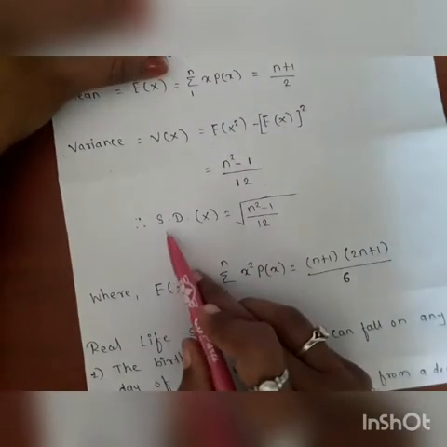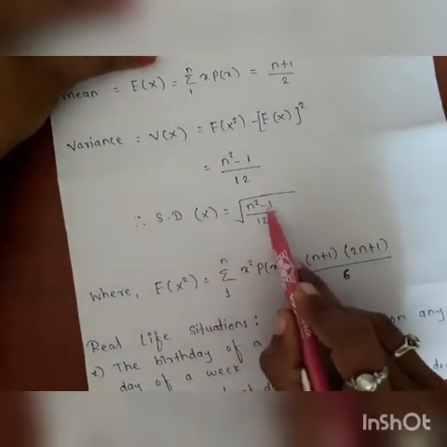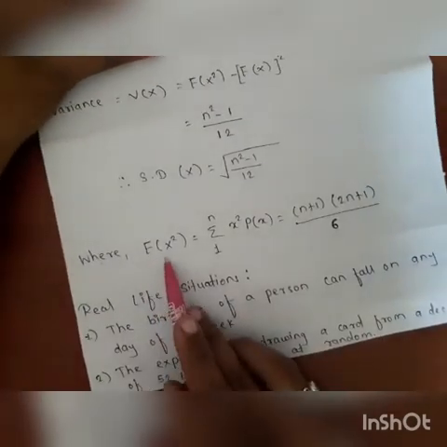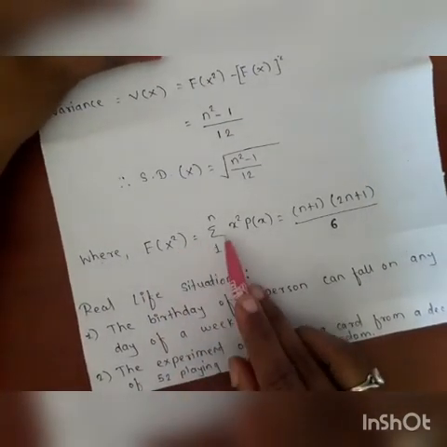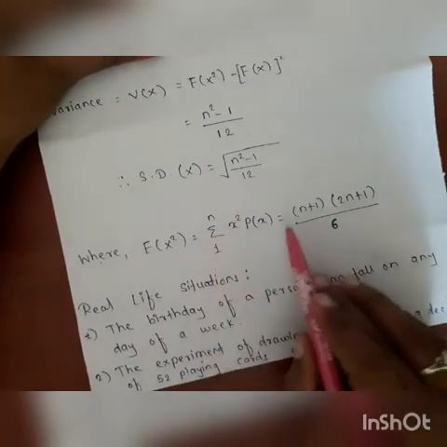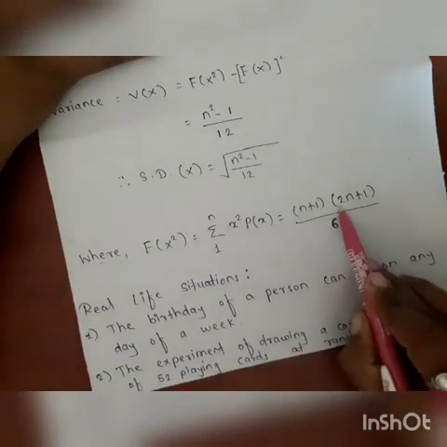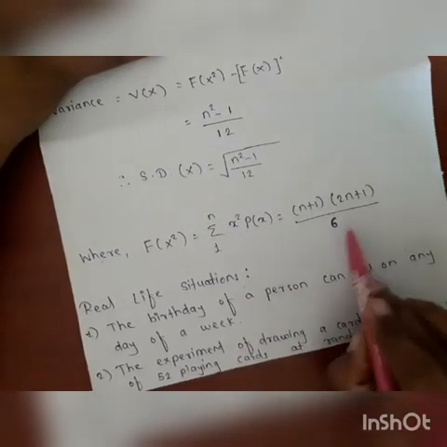Therefore standard deviation of X is under root n square minus 1 upon 12, where E of X square is equal to summation x square into p of x from 1 to n, which is equal to n plus 1 into 2n plus 1 upon 6.